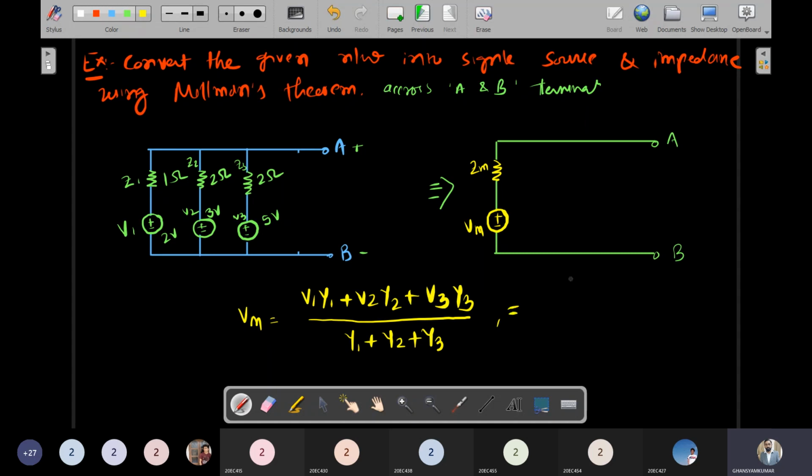V1 is 2, Y1 will be 1 upon 1, since Y1 equal to 1 upon Z1, that is admittance.